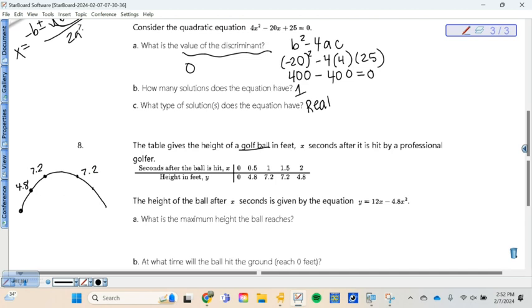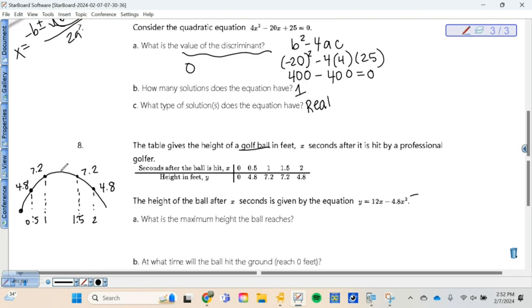And after 2 seconds, it's at 4.8 feet, right? So that's at 2. This was at 1.5. This was at 1. And this was at 1/2 second.